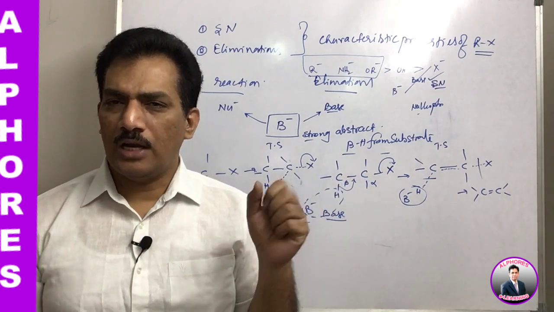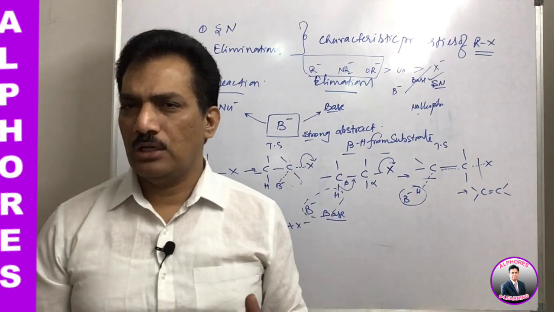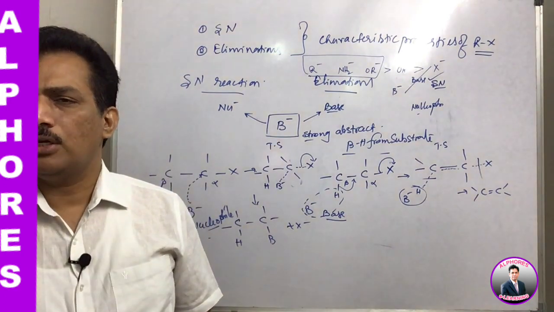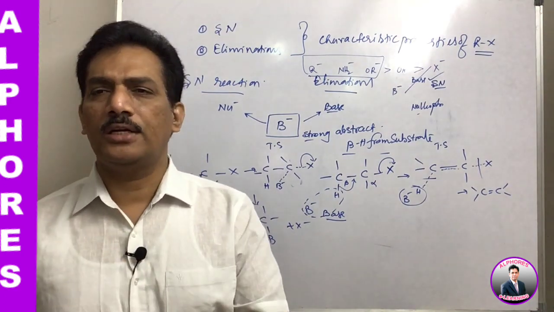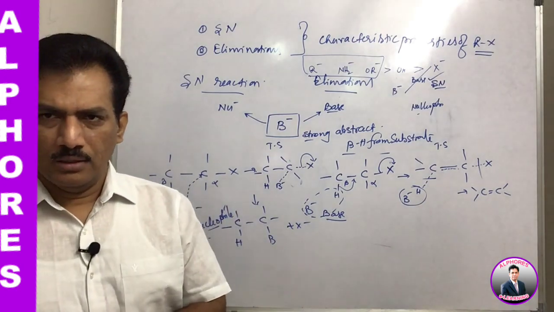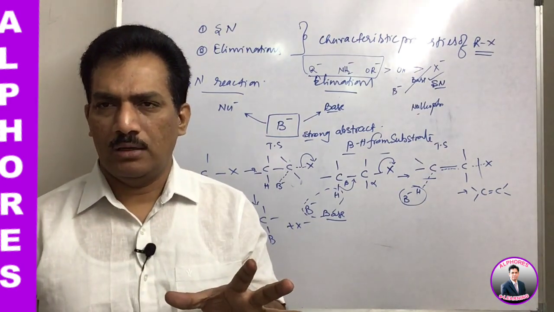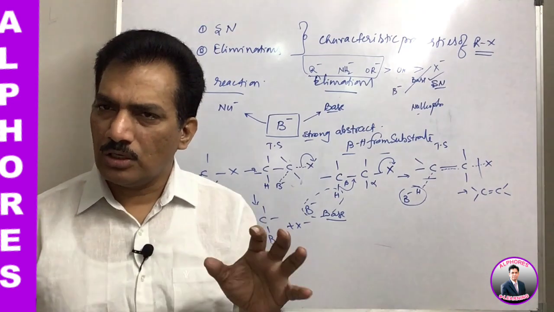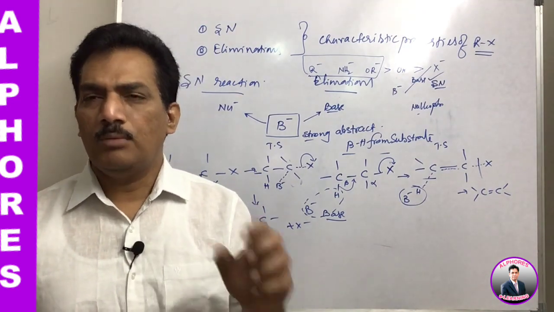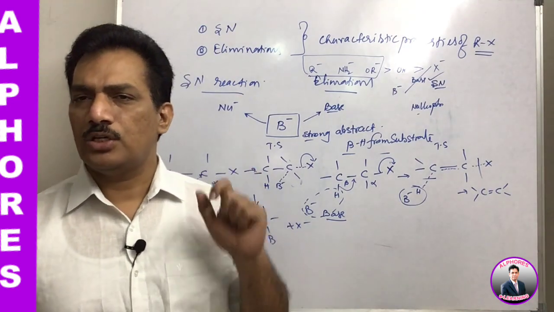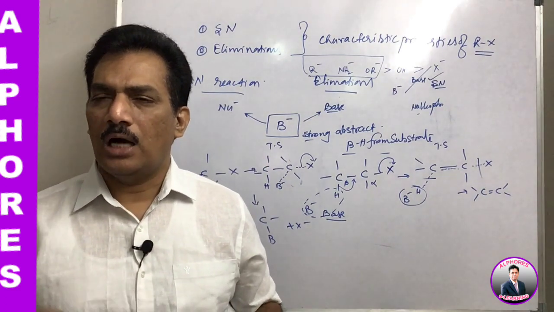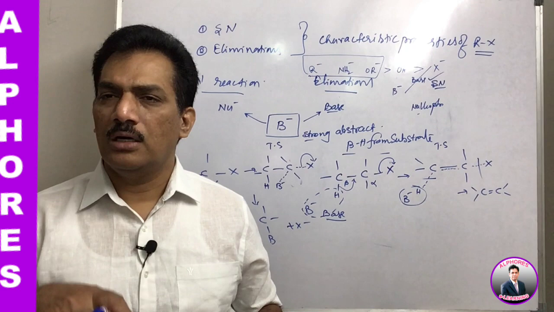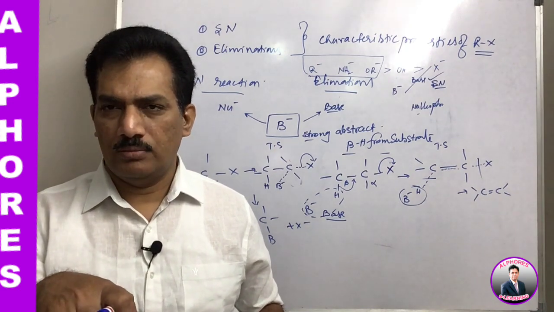As we know, nucleophilicity is directly related to basic strength, so a strong base is a strong nucleophile. But once the strong base or strong nucleophile is protonated, immediately its basic strength or its nucleophilicity will come down, and because of that the other one which is till now weaker will behave like a stronger.